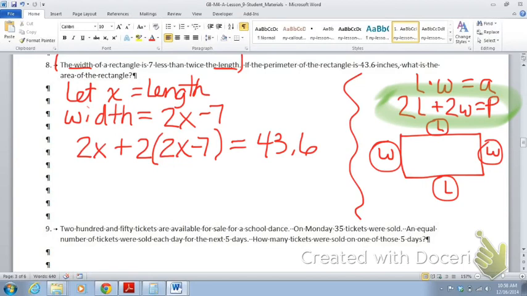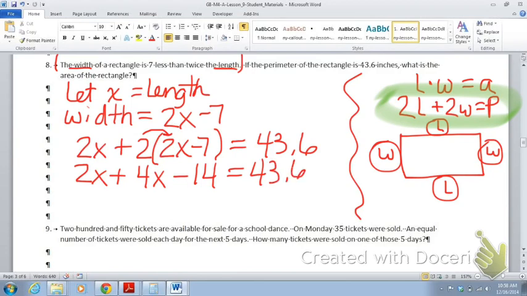Okay, so now we can solve this equation, but let's first use the distributive property here. So this is going to be 2x plus 2 times 2x, which is 4x, minus 2 times 7, 14, is equal to 43.6.